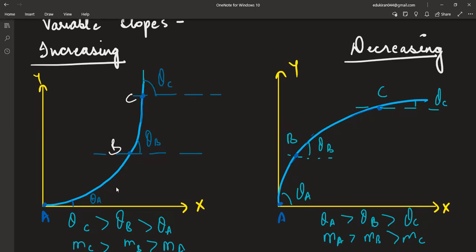Slowly increasing, so this is an increasing slope. Theta C is greater than theta B, then theta A. It means the slope of C is greater than the slope of B, which is greater than the slope of A.